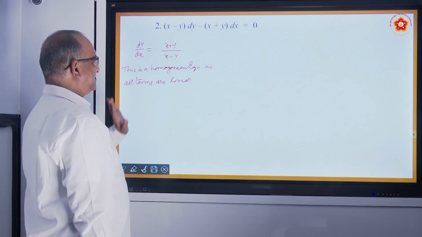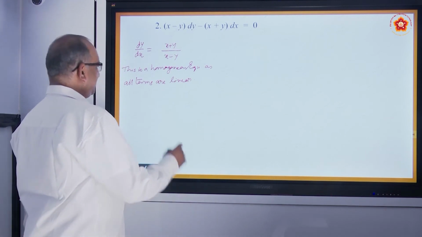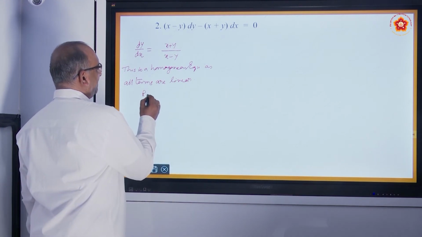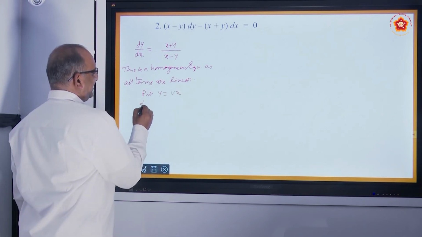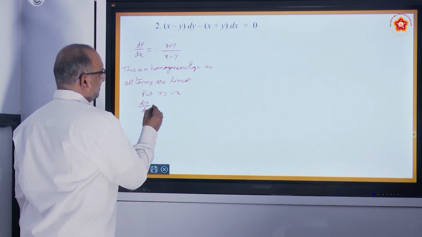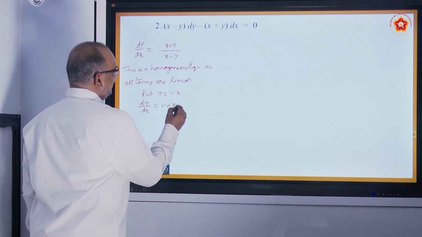So, once it is homogeneous, what is the procedure? Put y equal to vx, dy by dx equal to v plus x dv by dx.